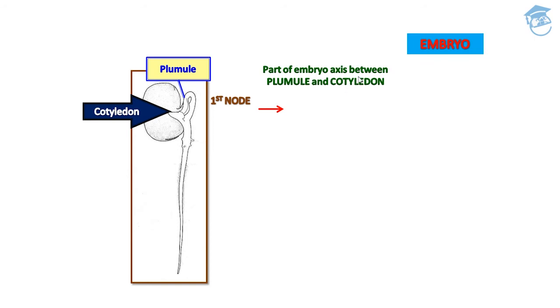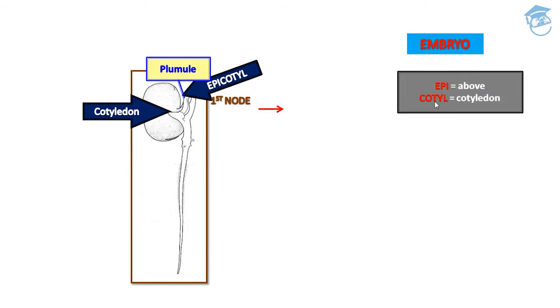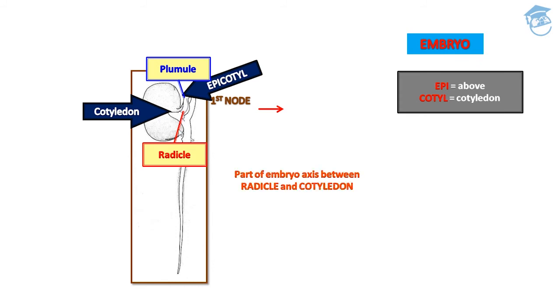So the part of an embryo axis between plumule and cotyledon is epicotyle. Epi means above and cotyl means cotyledon. So above the cotyledon is the epicotyle, which is present here, and this is the radicle, which gives rise to the root system.